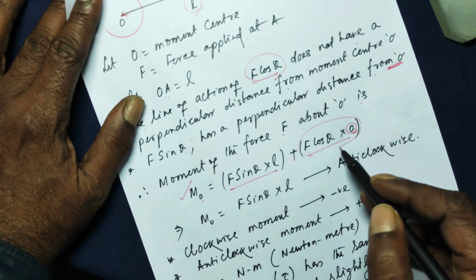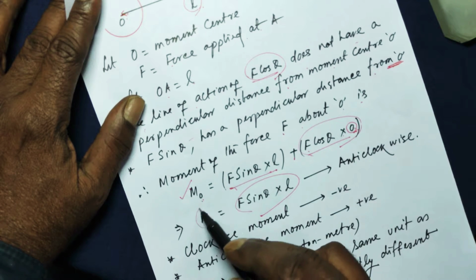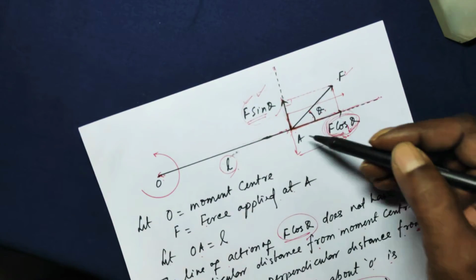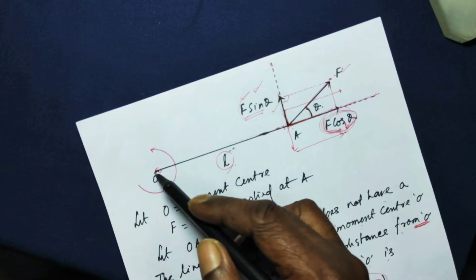So this part becomes 0. So I am left with F sin theta times L. That is the moment of this force F, which is making angle theta, about the point O.